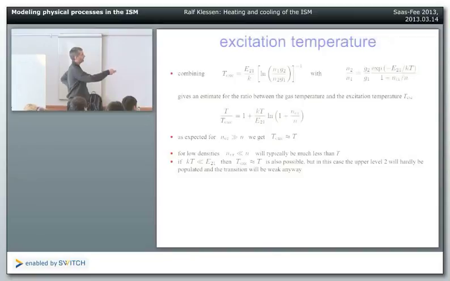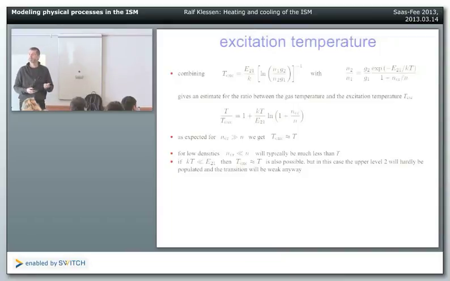So the level populations here, definition of the excitation temperature. And this gives us a ratio between the gas temperature and the excitation temperature. So kinetic temperature of the gas, temperature of the radiation field. And this is an effective temperature because typically we do not have a Planck spectrum where the temperature is well defined.